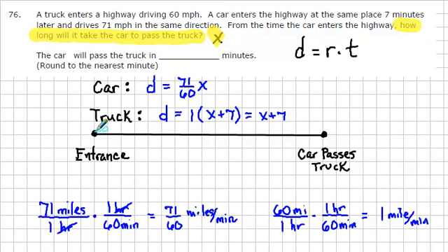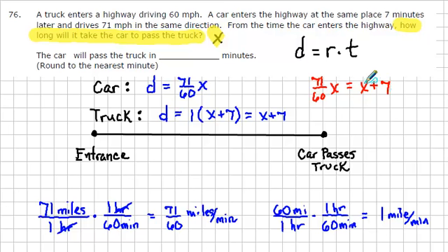Now we can see that the car and the truck traveled the same distance from the entrance to the place where the car passes the truck. So now we can go ahead and set these two distances equal to each other. So we have 71 over 60 times x is equal to x plus 7.